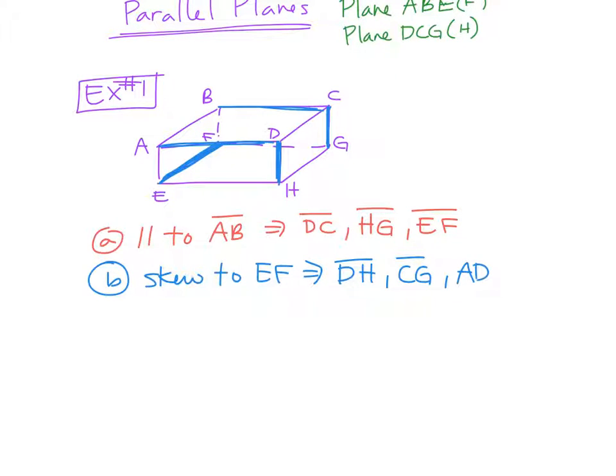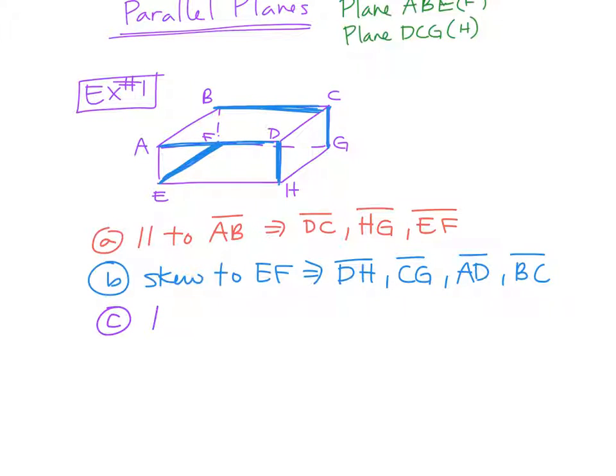Any other ones? That's it. Okay, so in a box setup, a cube, a rectangular prism, any prism that has a rectangular base, you're going to have 4 lines as options that are skew to any one given line, okay? So that would be our 4 for this one.